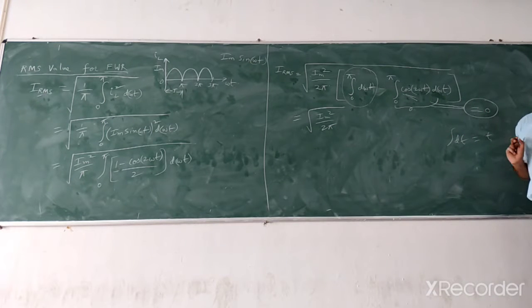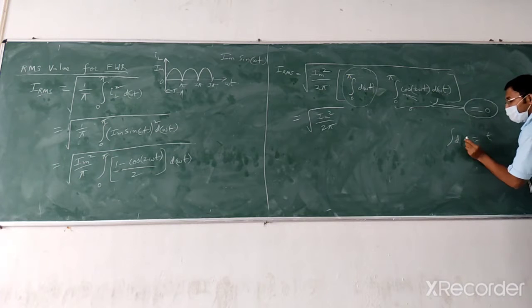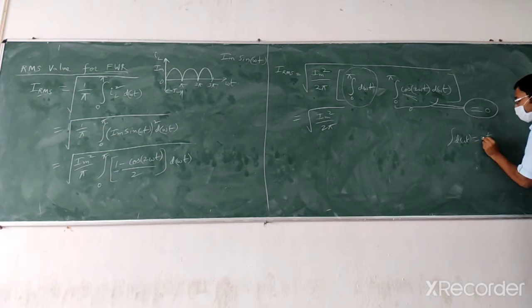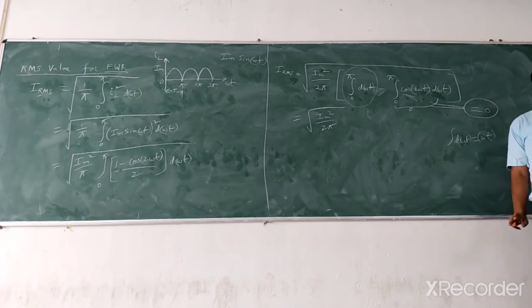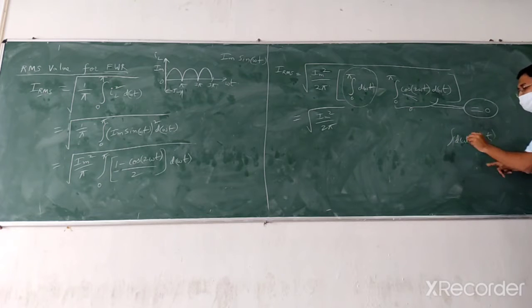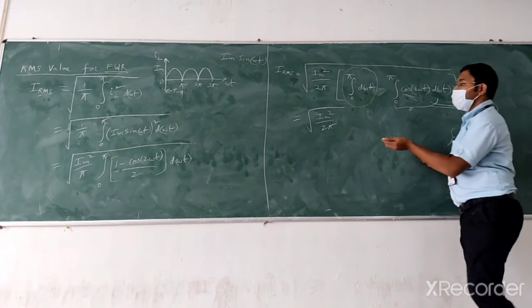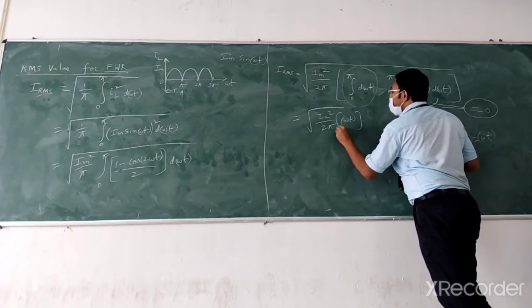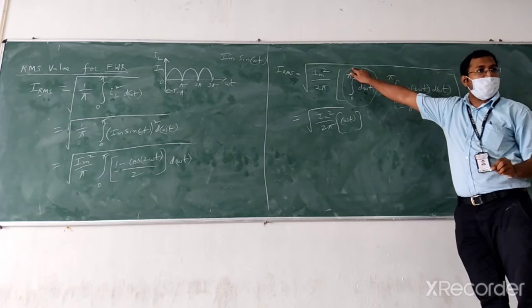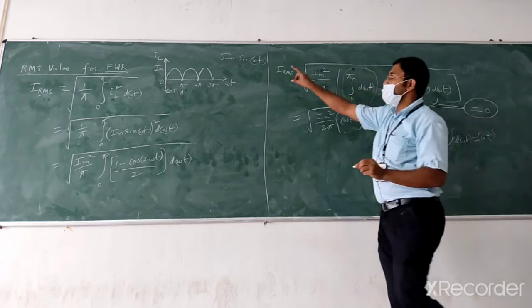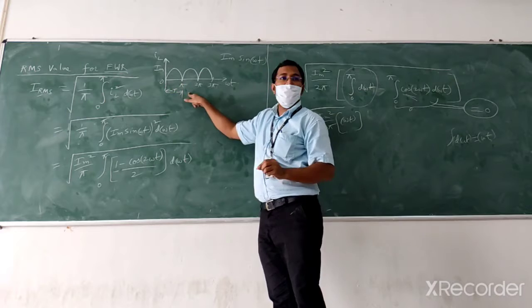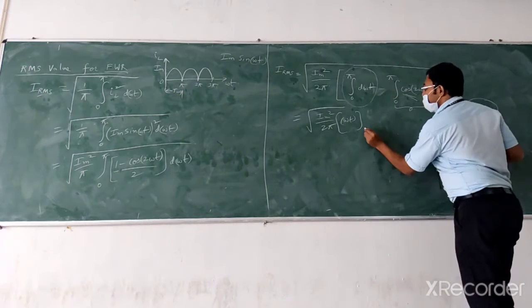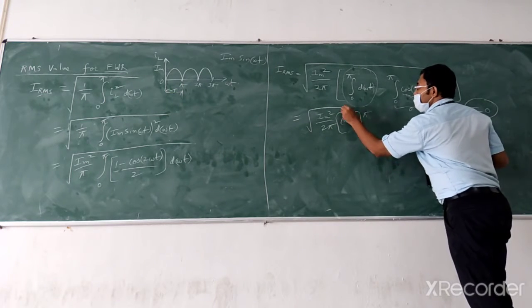Integral d omega t simply means omega t. That's it, because there is 1 here. So this will be omega t, and omega t ranging from 0 to pi, because this is omega t.